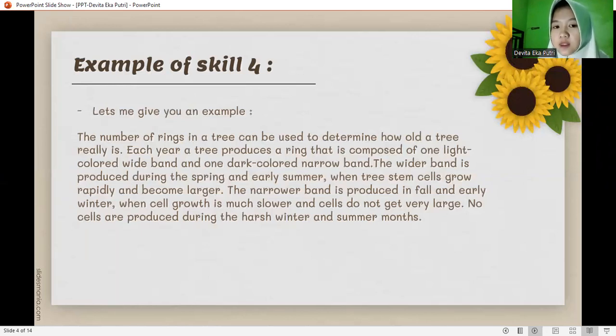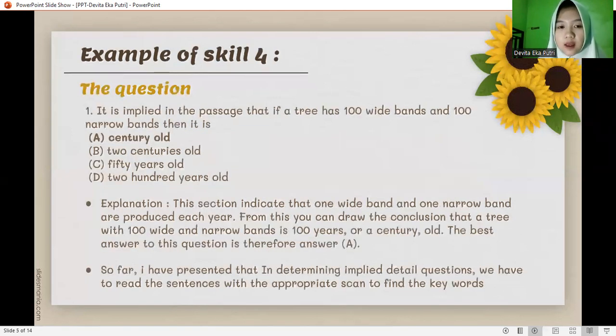Example of skill 4. Let me give you an example. You can see the reading text to answer the question. Okay, reading together. Okay, next the question. Question number 1.